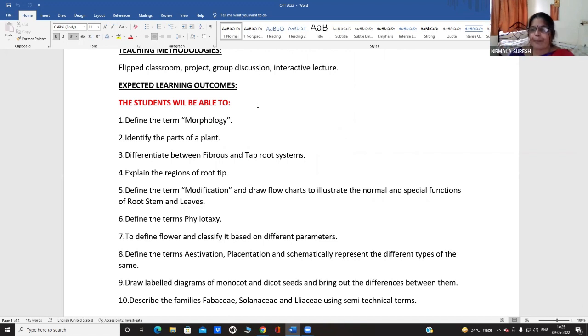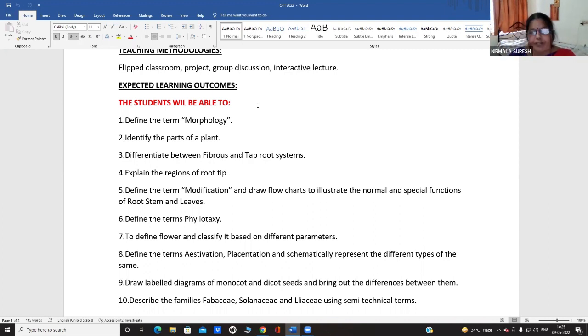At the end of the teaching process, the children should be able to do the following activities. That attribute is called the learning outcome. Learning outcome can be defined as the outcome of the child, or the output of the child, after the entire teaching learning process is over. What the child will be able to do is called the learning outcome.